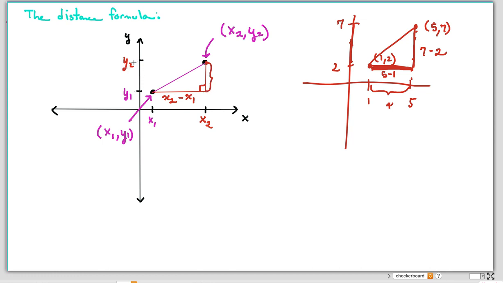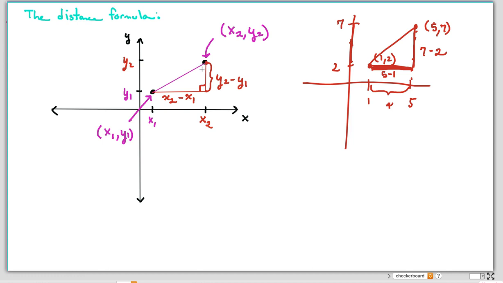If this is y1 over here and y2 over here, then this length is y2 minus y1. Now I'm done with the coordinate plane. I really don't need it anymore, but we have our triangle, which is the relevant factor, because all I need now is this side length again. I'm looking for the distance between these two points, which is the length of this side right here.